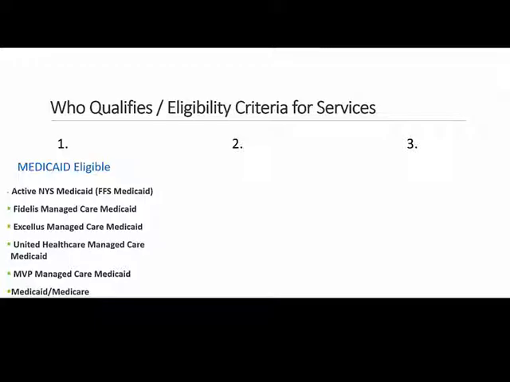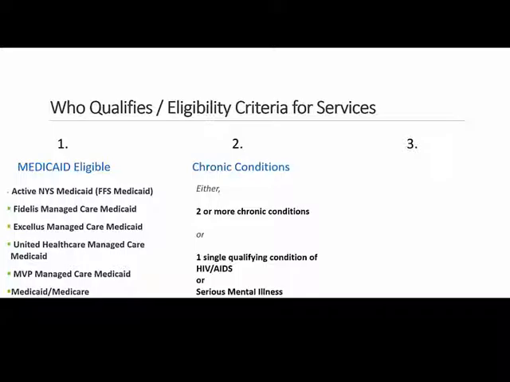Along with the Medicaid eligible criteria, individuals must also either have 2 or more chronic conditions or one single qualifying condition of either HIV/AIDS or serious mental illness. An individual must have significant behavioral, medical, or social risk factors to deem them appropriate for health home services as well. The risk factors are described in the next slide.